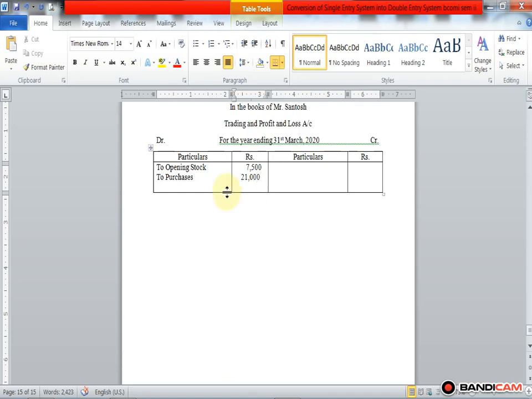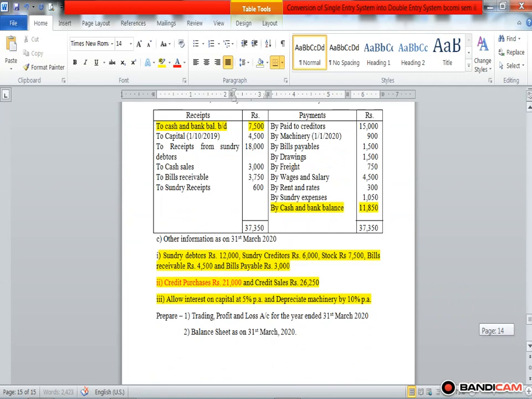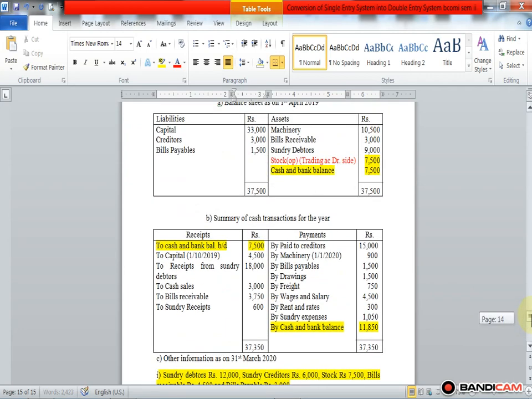Okay, got it? Purchases rupees 21,000. Then we transfer all the expenses related to trading account.